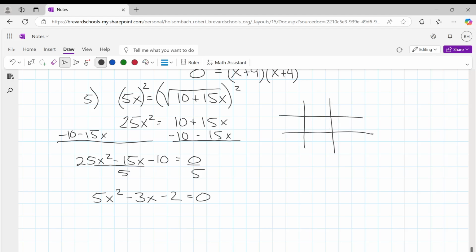We've done this a couple different ways, but I like this tic-tac-toe table. Block off this top left square. Then the factors of 5x squared go in these two locations. So 5x and x.